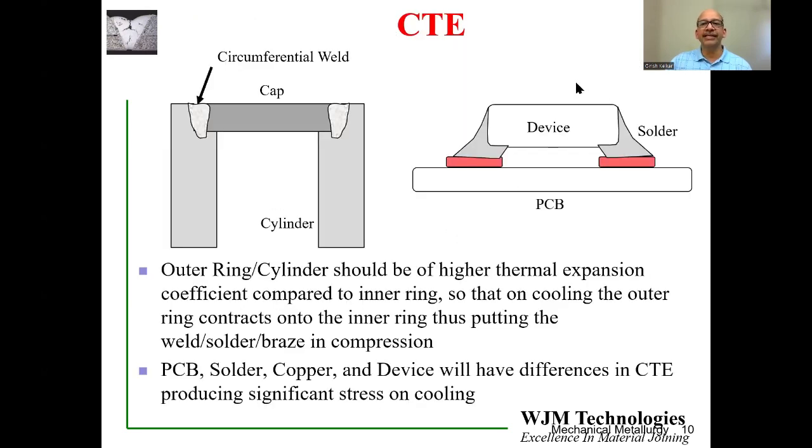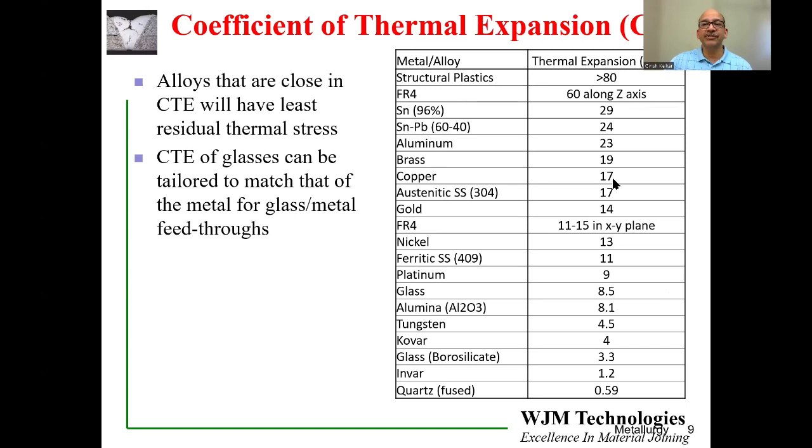Let's look at an example of a PCB, a printed circuit board. In your engineering life, I'm sure you have seen a lot of printed circuit boards, sometimes lying around in the labs, and you probably didn't think much of it. But a printed circuit board is a very difficult assembly. The printed circuit board is made of plastic and has a high thermal expansion. The copper has a thermal expansion of 17.